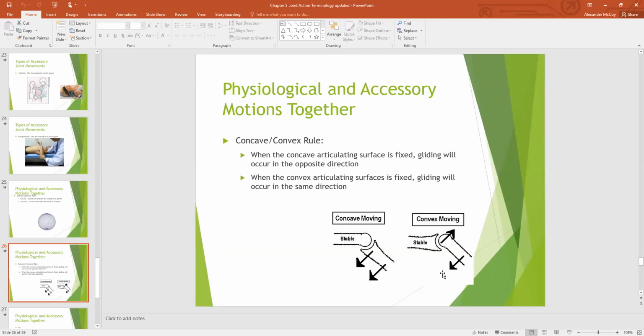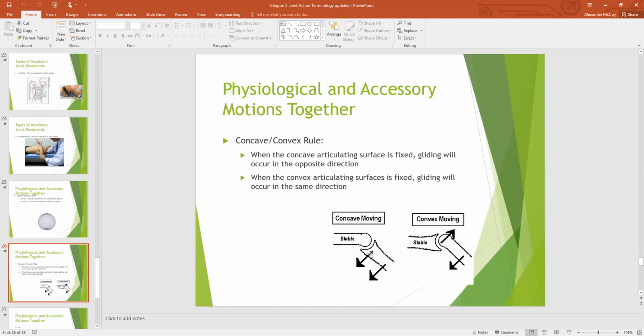Next, if the convex is fixed, so that would be this one right here, and the concave, so the one that is inward, is moving, this gliding is going to occur in the same direction. Oh, that's a hard one to grasp.